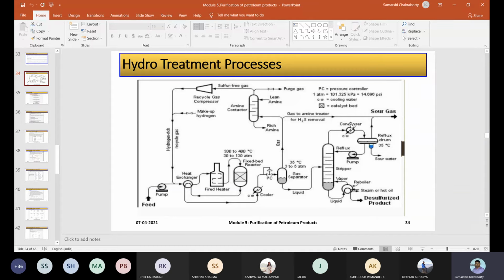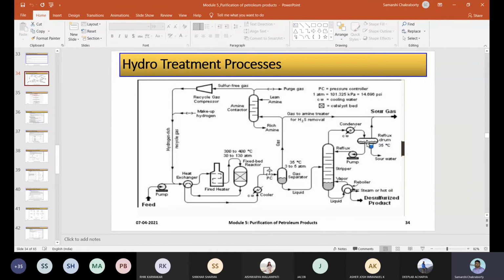You can directly send it to different stages of distillation, where you can separate out your sulfurous compound from your hydrocarbons like propane, ethane, butane, or heavier hydrocarbons. The H2S, or the sulfurous product, you have to pass through the Claus process in order to convert it into elemental sulfur.